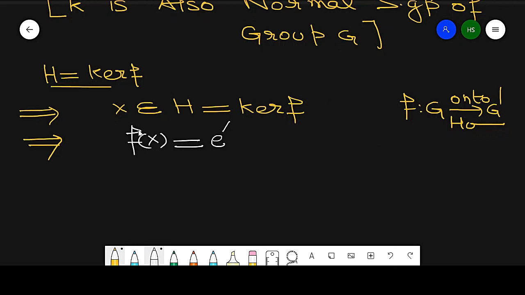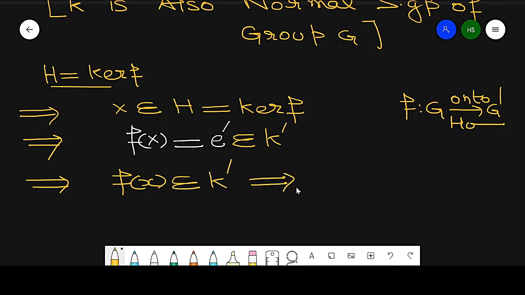Now since K dash is a normal subgroup and it has identity e dash, it implies e dash also belongs to K dash. If e dash belongs to this, it implies f of x belongs to K dash. It implies x belongs to f inverse K dash. So what is f inverse K dash?